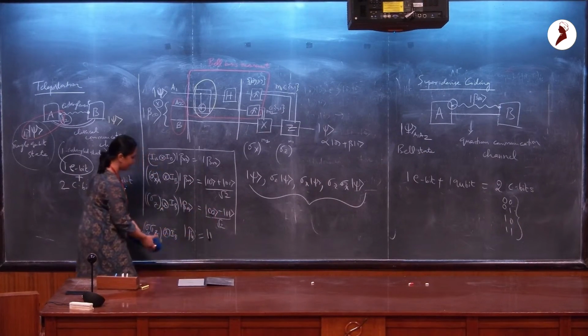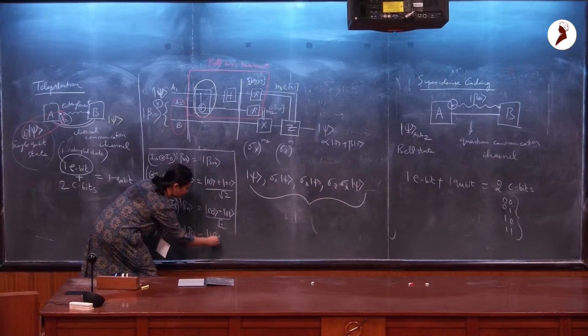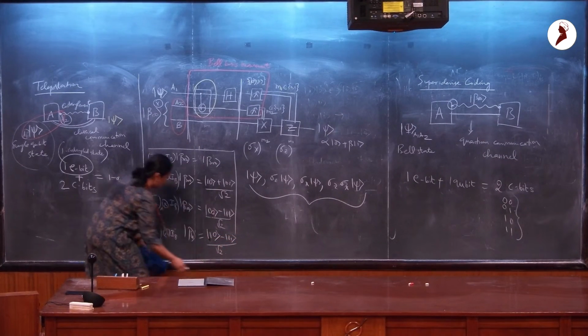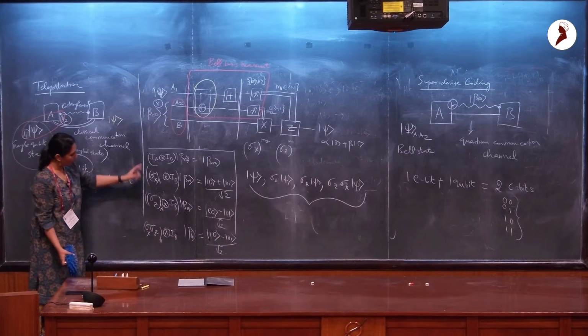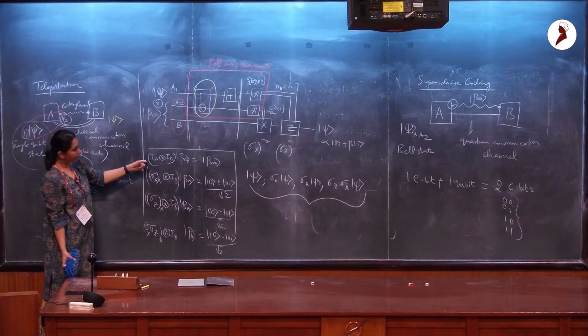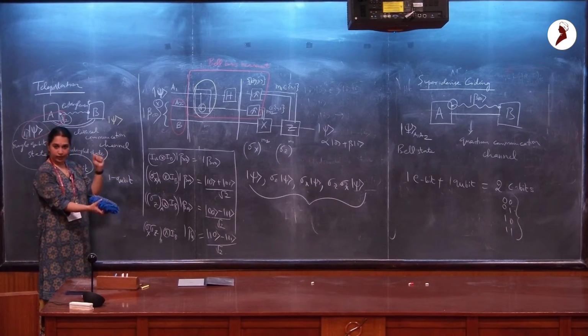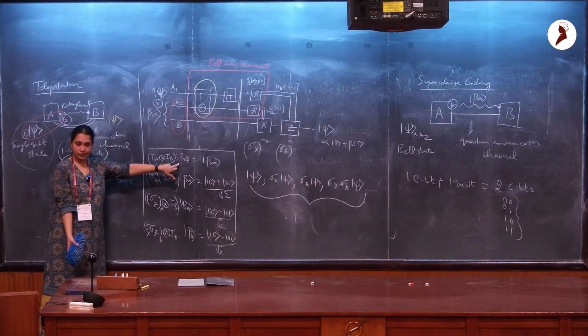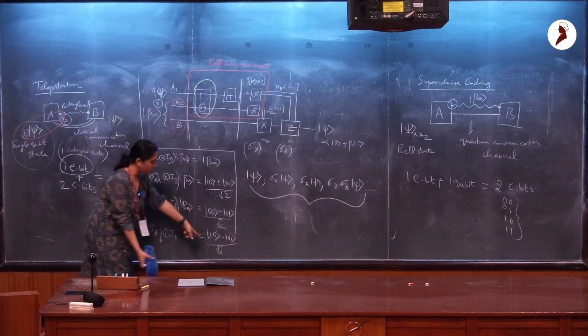It only flips the relative phase, so this is (|10> - |01>)/root 2. So the point is that by applying one of these 4 operators, which is simply a Pauli or the identity, A has converted their joint entangled state, which was originally in this Bell state, into one of these 4 states.